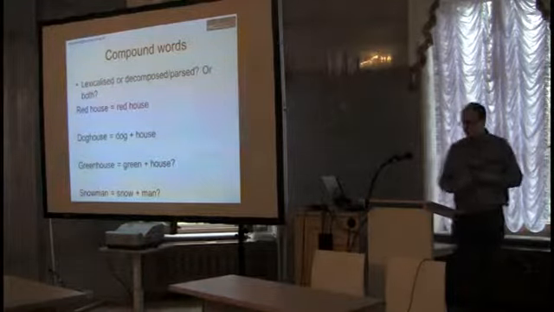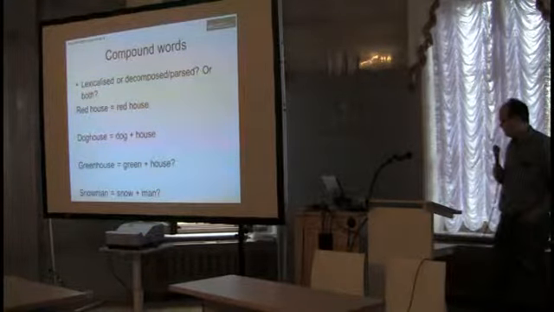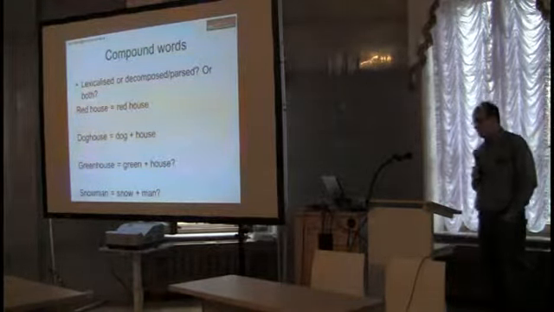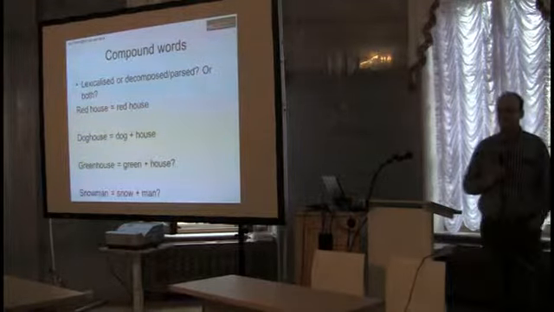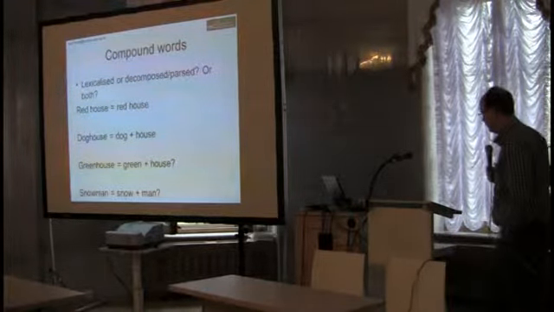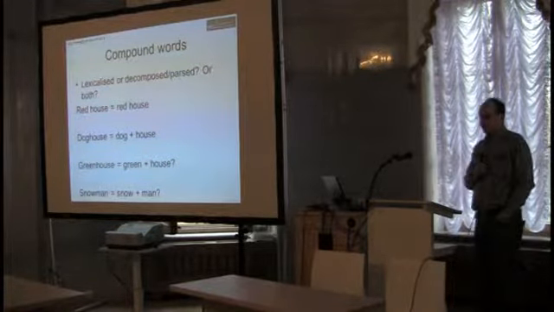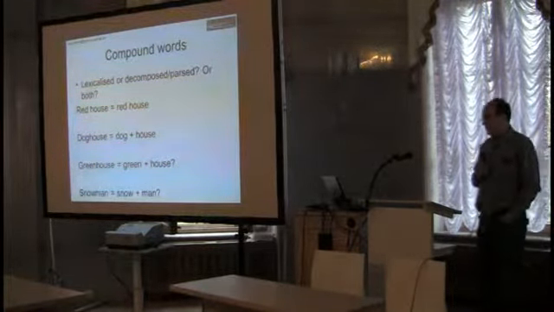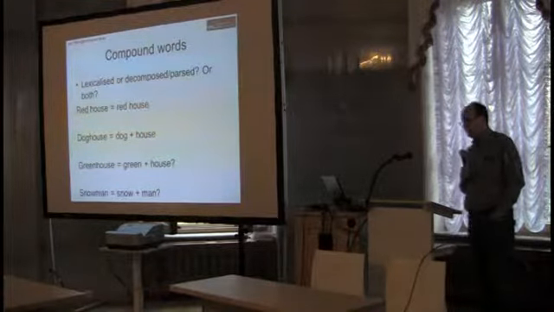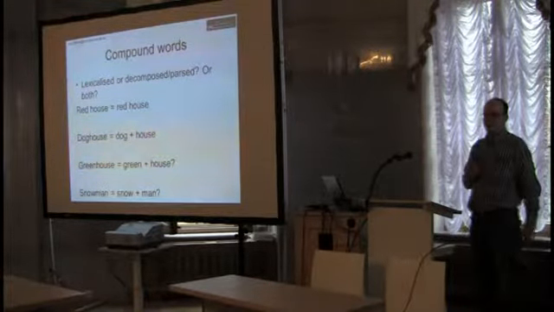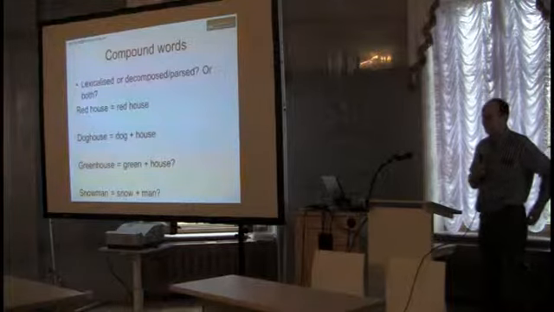Now, the next part, going pretty well, is application of a similar paradigm to compound words. Again, I made a few examples at the beginning, and we can make a few again. What's happening with compound words? It's a scarcely studied topic.